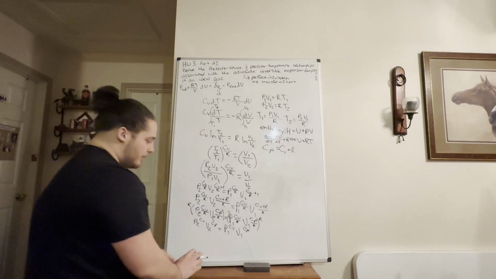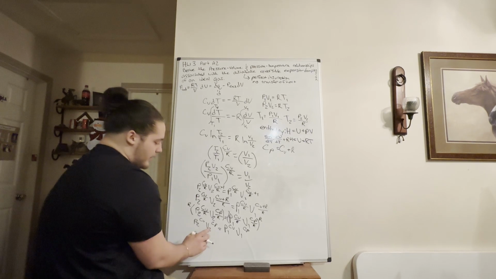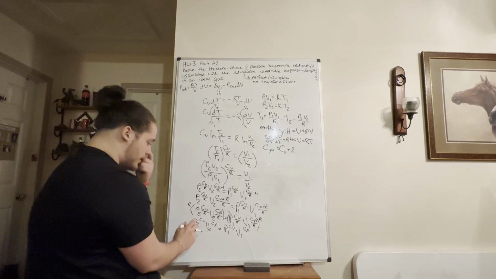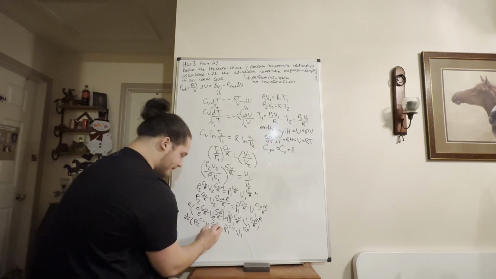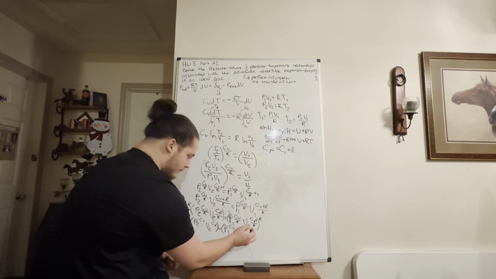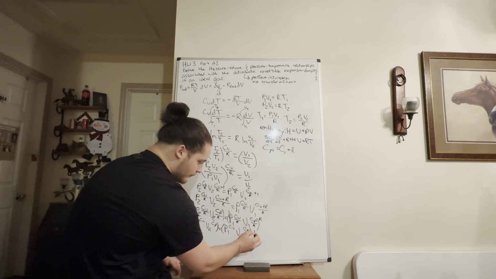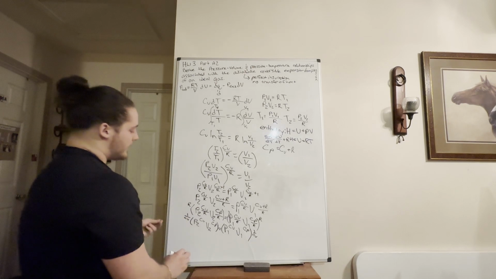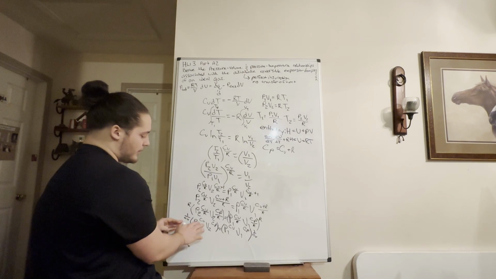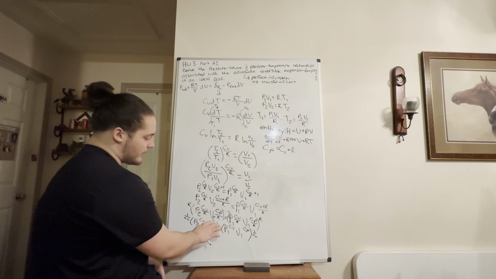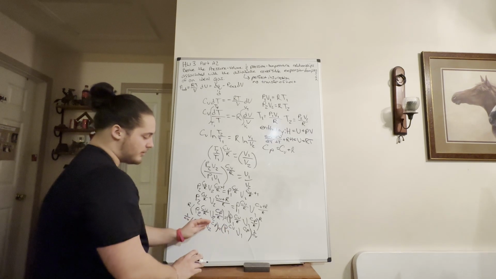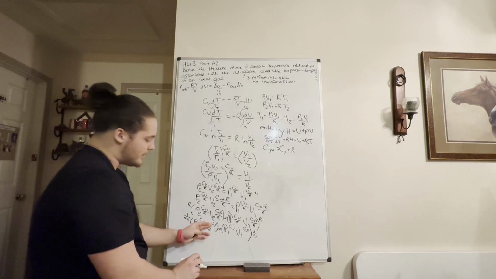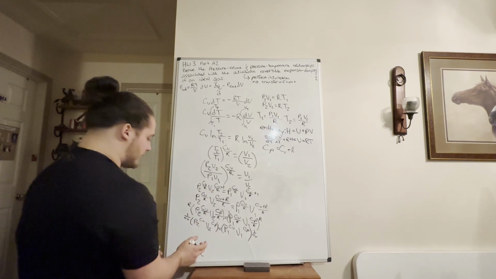So now we are going to raise both sides of our expression to the power of 1 over CV. And what this is doing is canceling out some of our exponents and giving us a ratio in our exponent of CP over CV, which is what we are looking for.